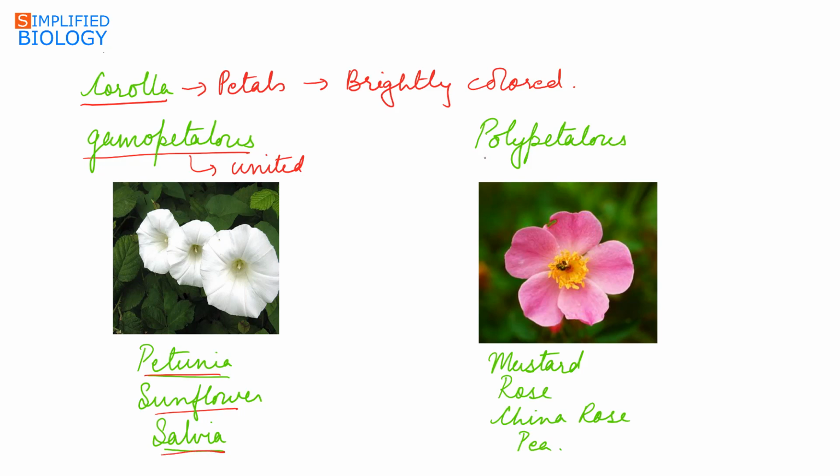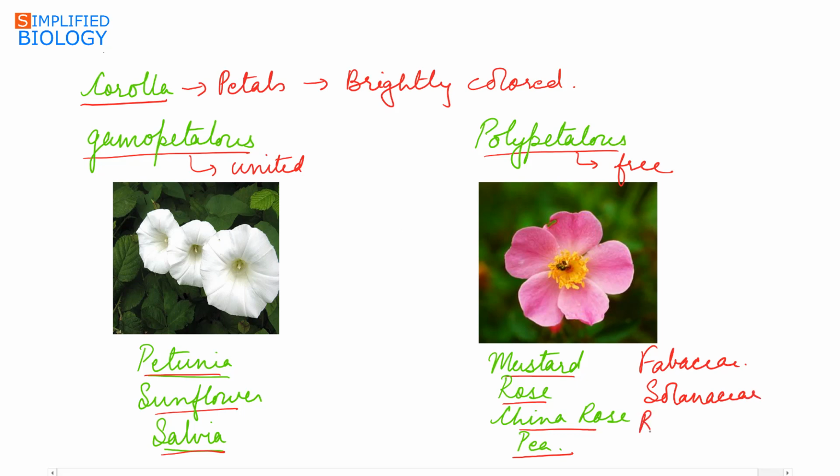And when the petals are free, it is polypetalous, seen in case of mustard, rose, China rose, pea. That is, it is a characteristic of family Fabaceae, Solanaceae and Brassicaceae. That is the mustard family.